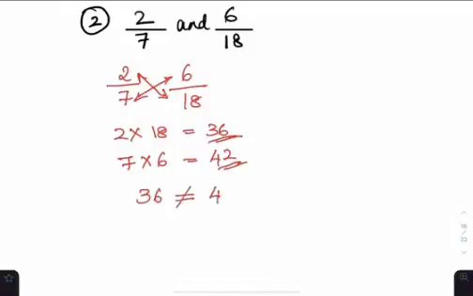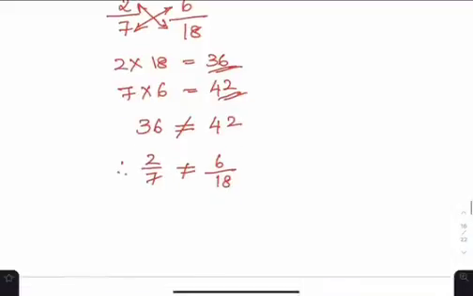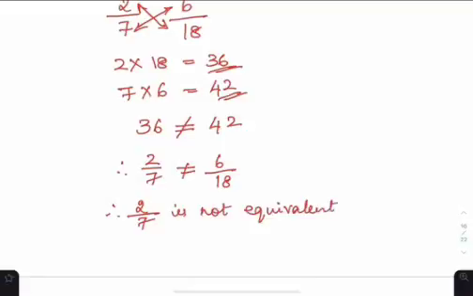The not equal to symbol is like this. So 36 is not equal to 42. Therefore, the fractions are not equivalent. So 2 by 7 is not equivalent to 6 by 18. This can be written as 2 by 7 is not equivalent to 6 by 18. I hope all of you have understood, children.